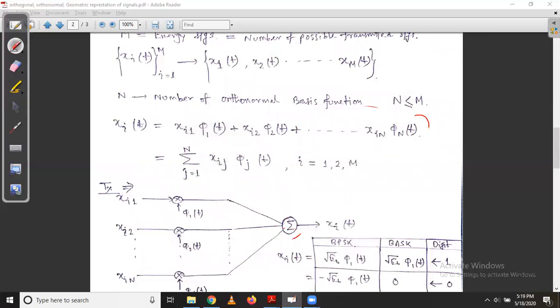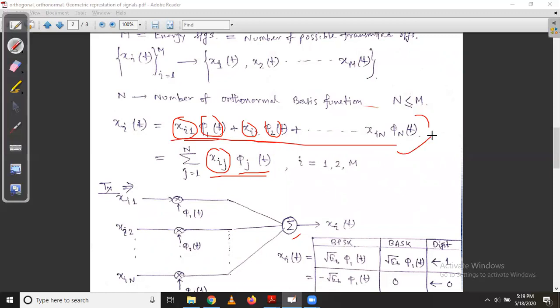This symbol, transmitted from the transmitter side, is the actual message signal, which is multiplied by the carrier signal, which is actually the basis function, and all of it is added. So this is the message signal, this is the carrier signal. Multiply and add, then transmit.